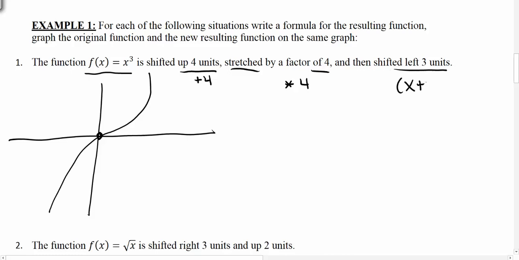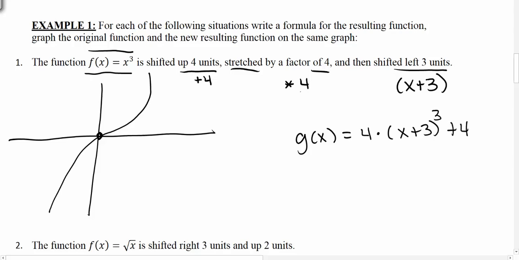So remember, slightly counterintuitive, that means we need an x plus 3 inside the functional description here. So that means that my g of x, which is my new function based on my f of x, is going to be 4 times x plus 3 cubed plus 4.